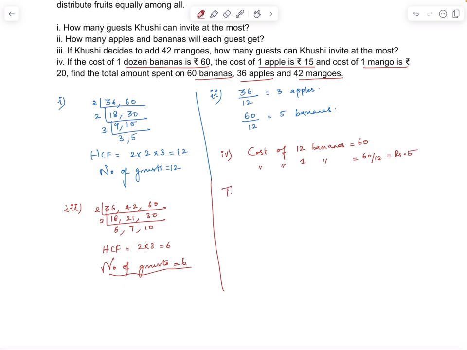Now let's get the total cost for 60 bananas, that is 60 into 5, plus 36 into per apple rate is 15, plus 42 mangoes, 42 into 1 mango rate is 20, which is 300 plus 540 plus 840, that is rupees 1680.